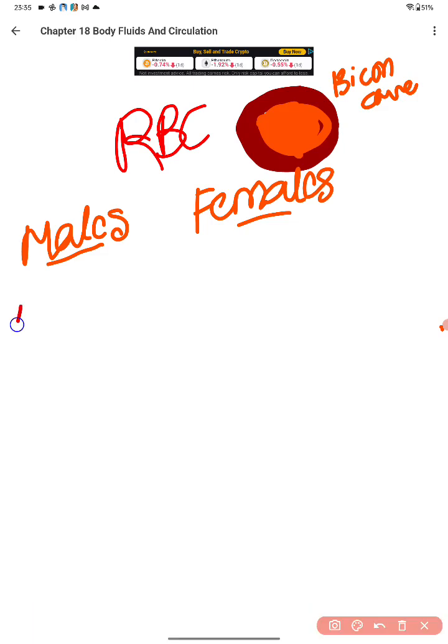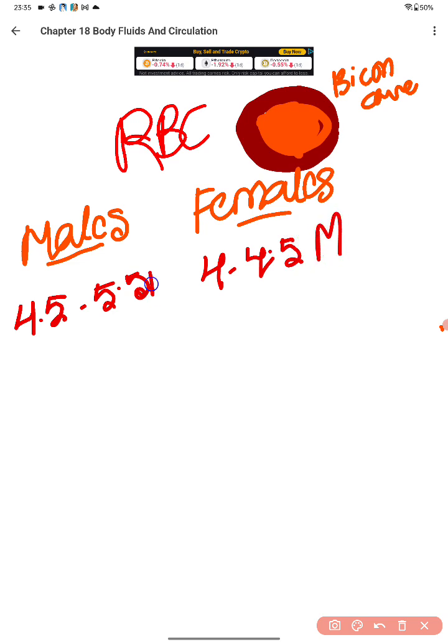In males 4.5 to 5.5 million RBCs are there. In females 4 to 4.5 million RBCs. We have millions of RBCs. We are millionaires in terms of RBCs. If you are female, you have 4 to 4.5. If you're male, 4.5 to 5.5 million.